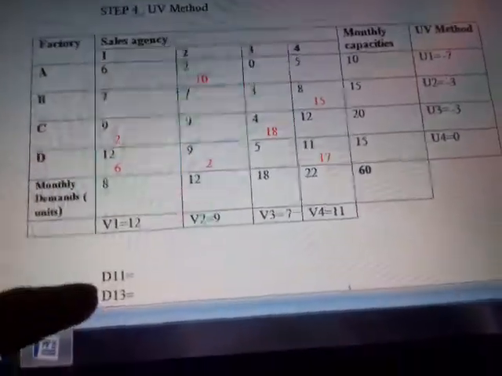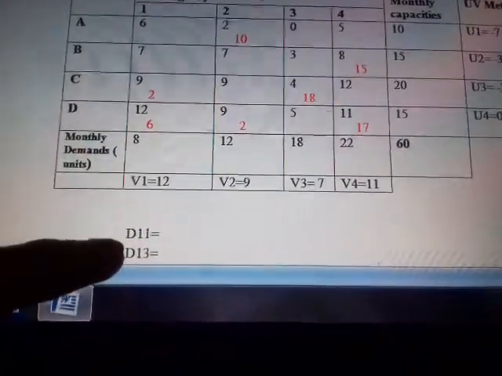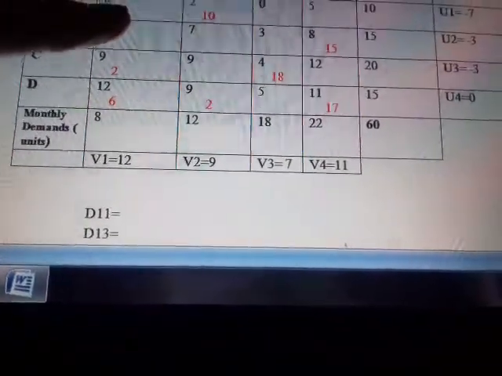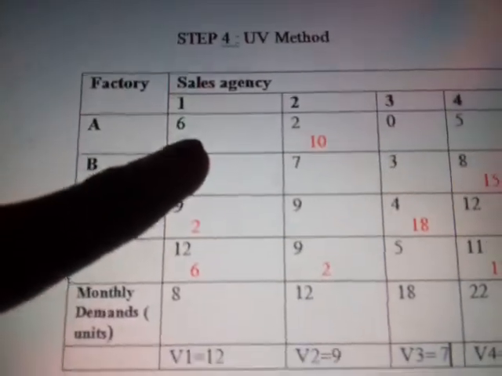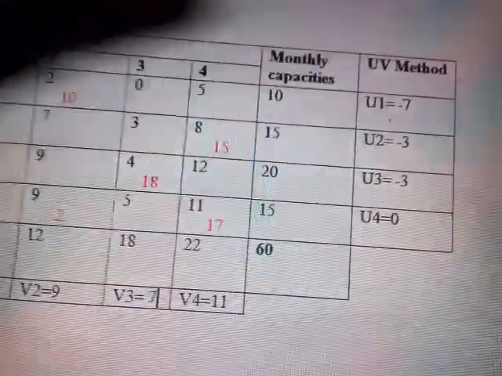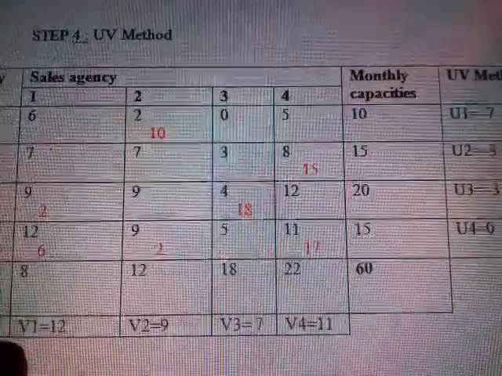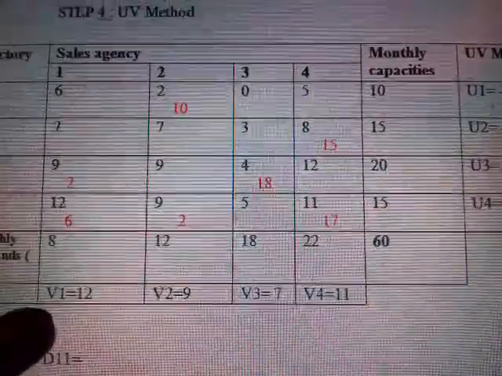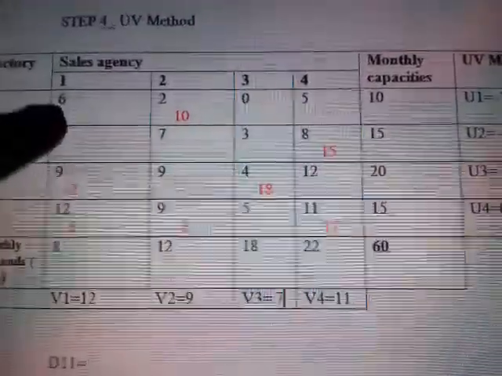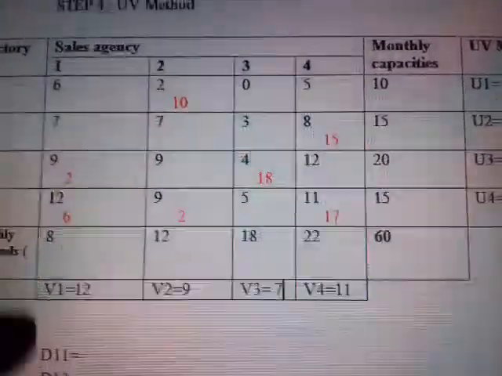Say for example I am going to write D11, in the sense row 1 and column 1. So take this 6. The corresponding row has U1 is minus 7 and you have V1 is 12. So these two you have to add. So 12 minus 7 is how much? 5. So 6 minus 5, you will get 1.